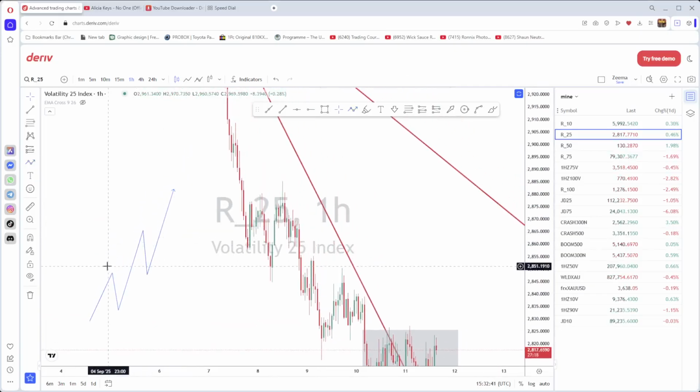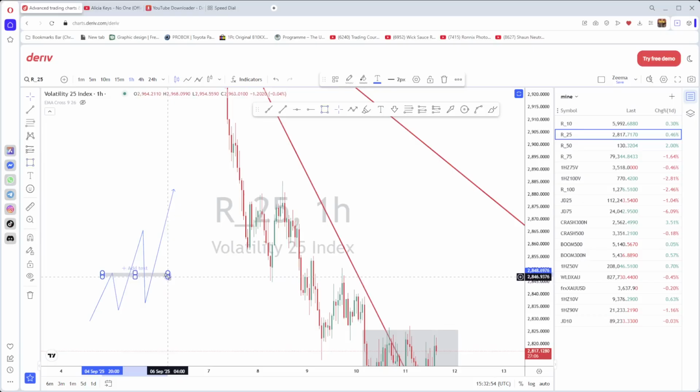Sometimes the market doesn't give you exactly what you want. Sometimes it's a deeper retracement, but I normally wait till it goes above this area, because like I always say, buyers are stronger above the area, sellers are stronger below the area.